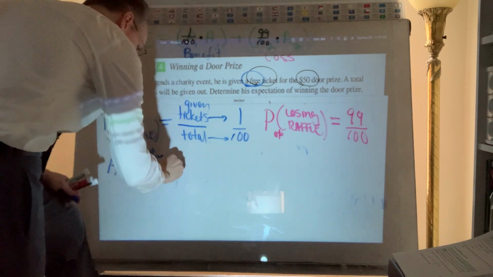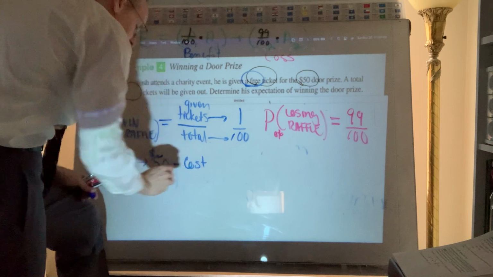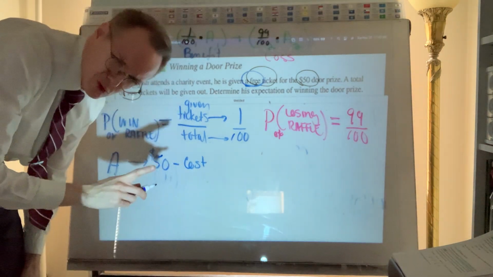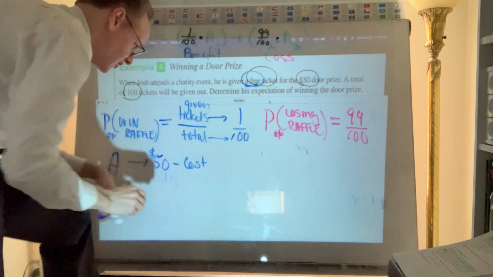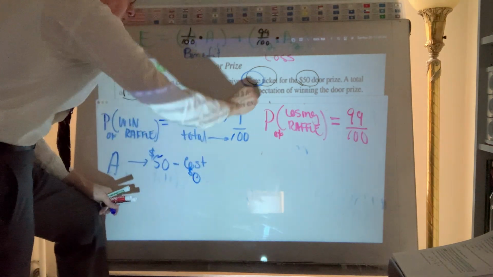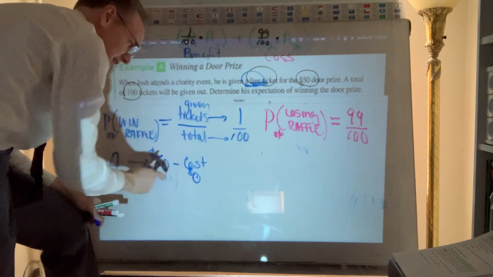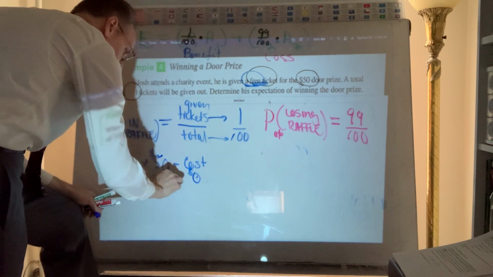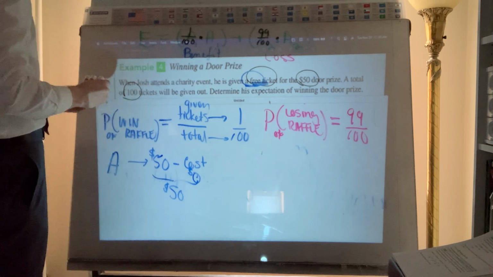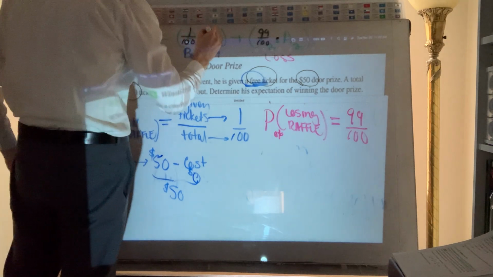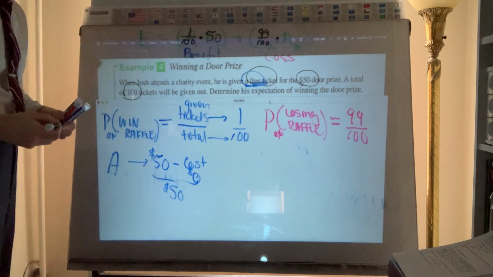But normally minus the cost of the ticket. The question in this case is, did the person actually pay for it though? The cost is actually $0 because it was a free ticket in this particular case. So overall, it's just going to be $50 is the benefit here, benefit amount. So I'm going to put a 50 in place of this first A.